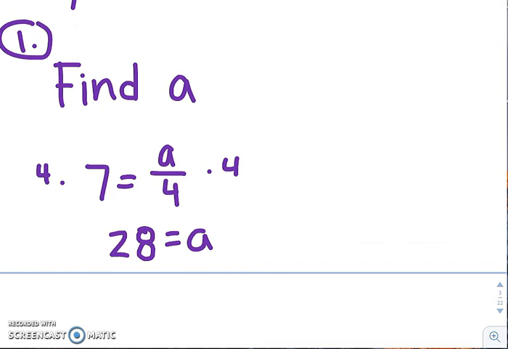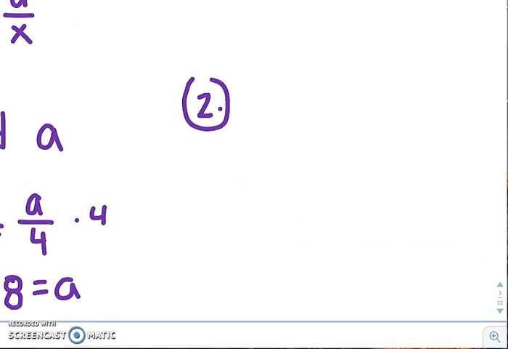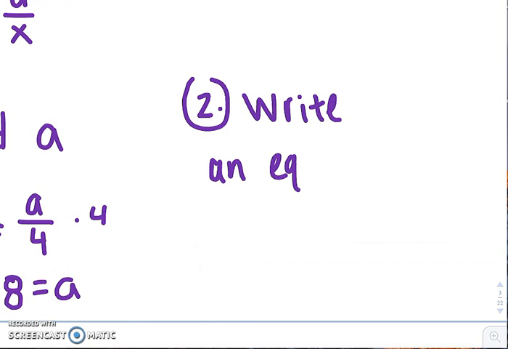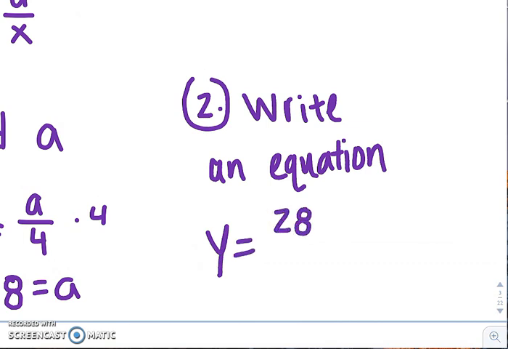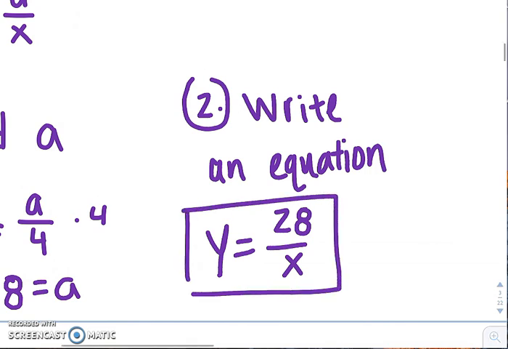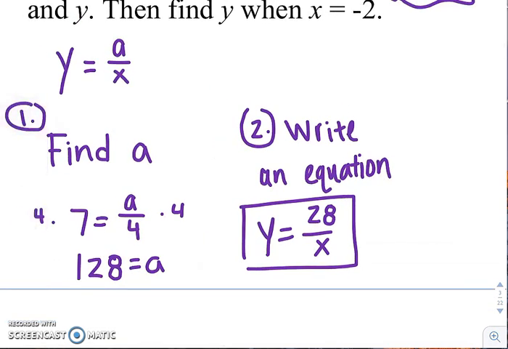So the second part is writing an equation. And that's just putting your a value in there. So write an equation using your a value. So as x and y change, we're going to have y equals 28 over x. Okay, so we found a. We have our equation.